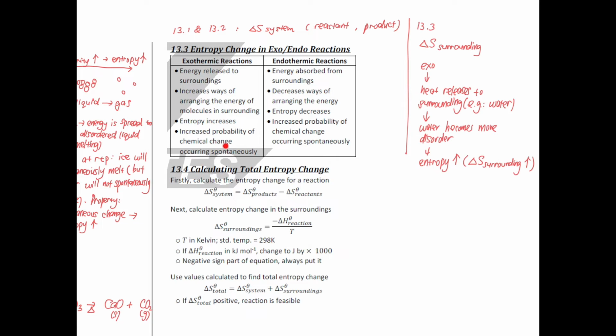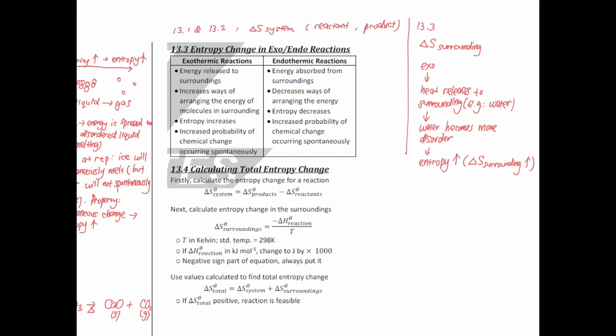Okay, so increased probability of chemical change occurring spontaneously. So that means exothermic reactions will make spontaneous chemical reactions happen with a higher chance.